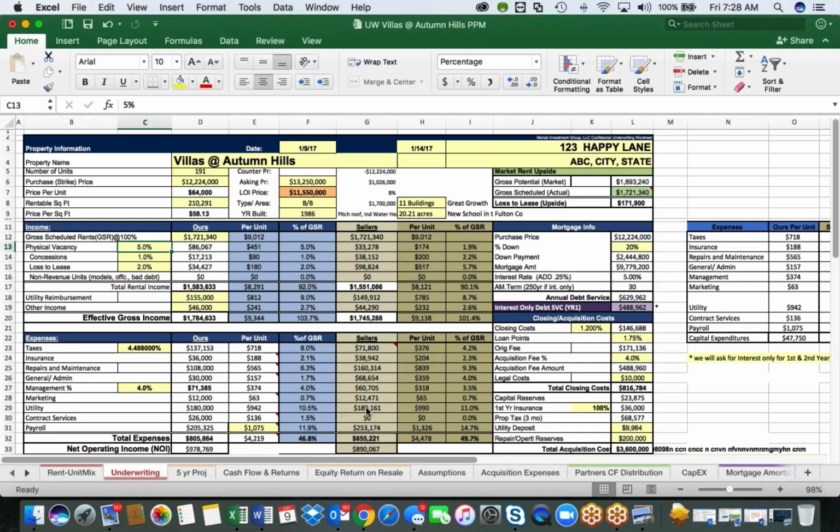Some other things I looked at, okay, utilities, maybe we could do a little bit less. So you massage your numbers from here. These numbers are the sellers' numbers, but you got to massage them up or down. Could be up, could be down, right? And then you put down your numbers.